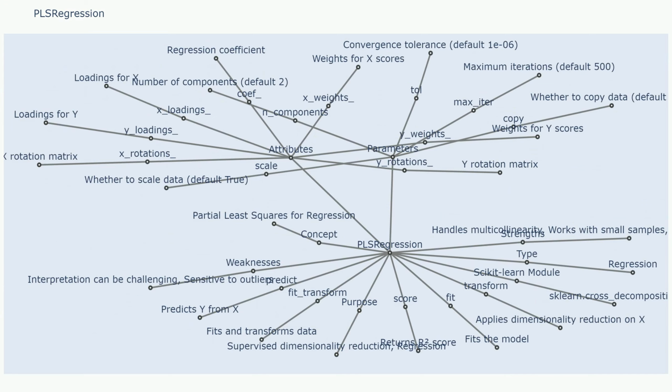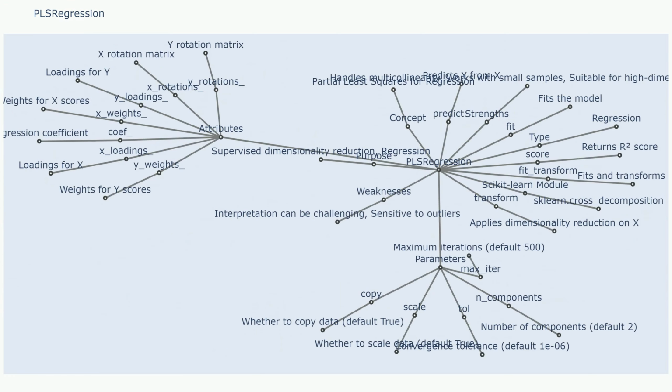Fit the model. pls.fit(X_train, y_train). Predict on the test set. y_pred = pls.predict(X_test). Calculate the root mean squared error. rmse = mean_squared_error(y_test, y_pred, squared=False). print(f'Root Mean Squared Error: {rmse:.2f}').